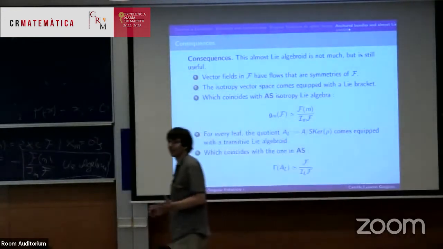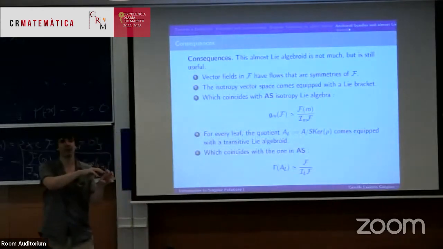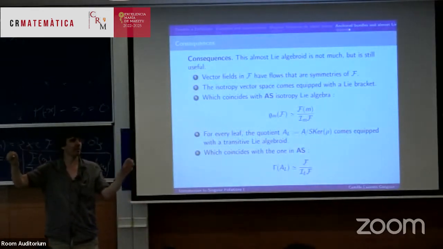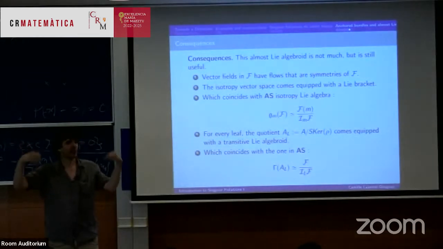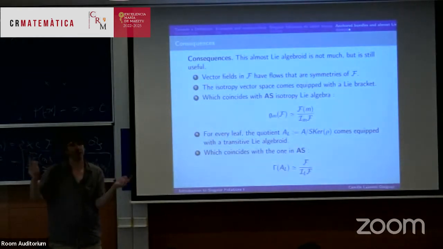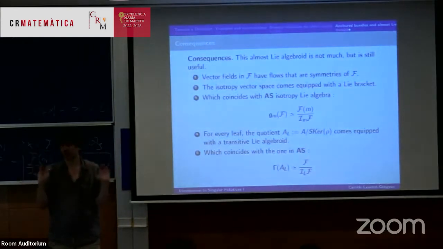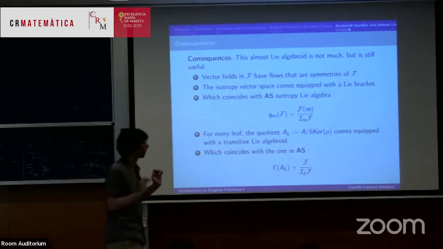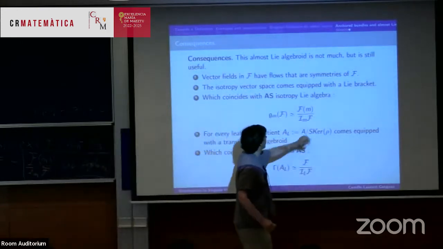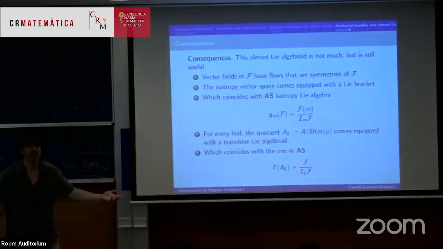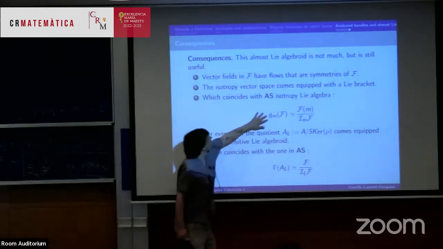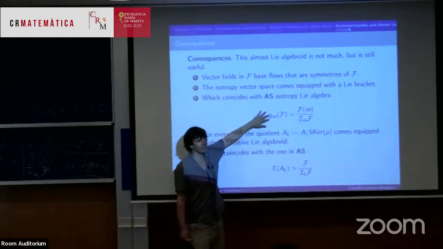No, because as I said, every two points on the leaf are kind of the same. So in fact, the dimension of the strong kernel is going to be constant along the leaf, so the quotient is going to be a very good vector bundle. And in fact, this vector bundle comes equipped with a transitive Lie algebroid, whose isotropy are these Lie algebras.